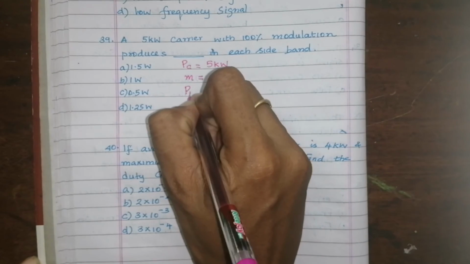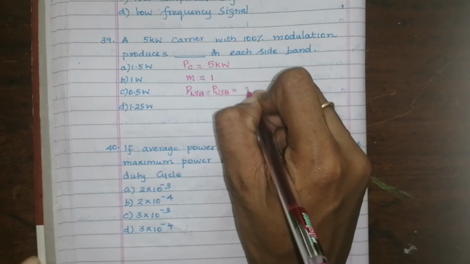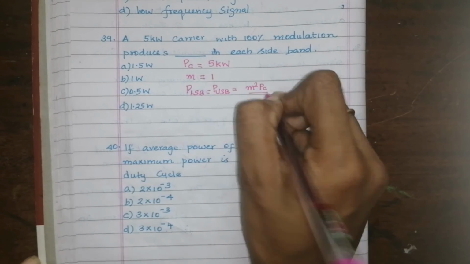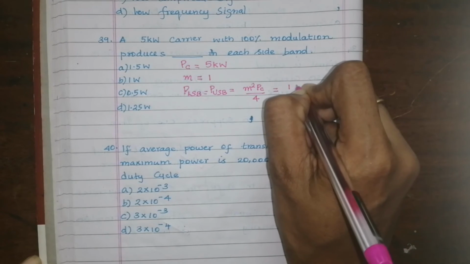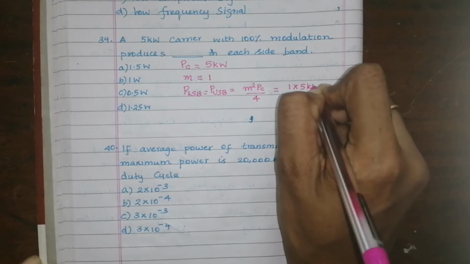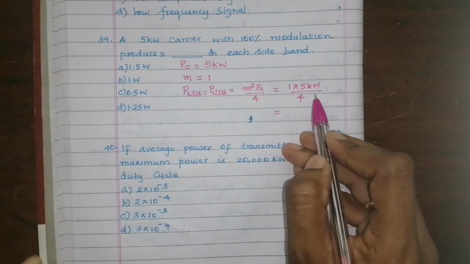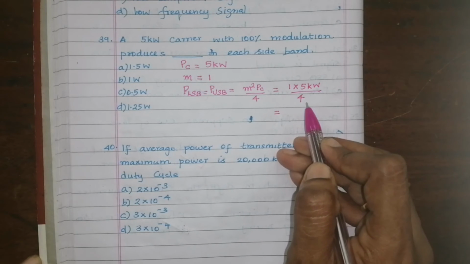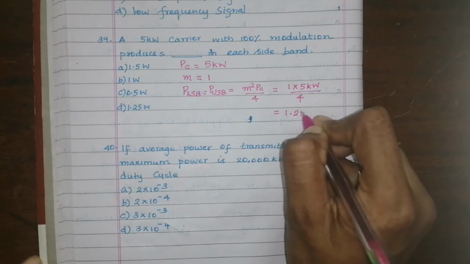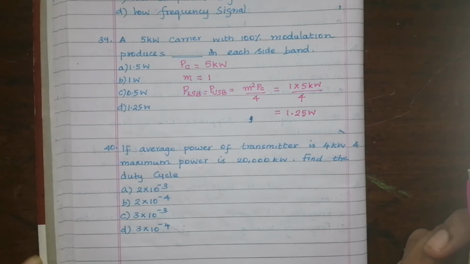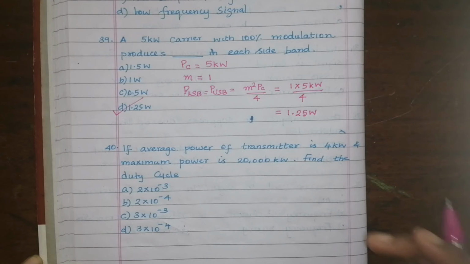To calculate the power in each sideband, we have to use the formula m square PC by 4. So substituting the values, 1 into 5 kilowatts divided by 4, which is equal to 5 kilowatts by 4, we will be getting 1.25 watts. The correct answer is option D, 1.25 watts.